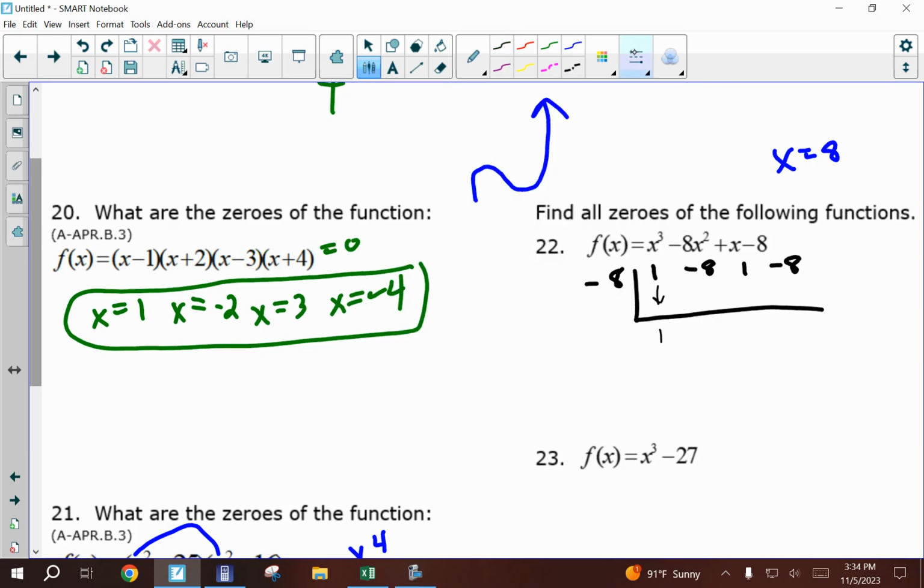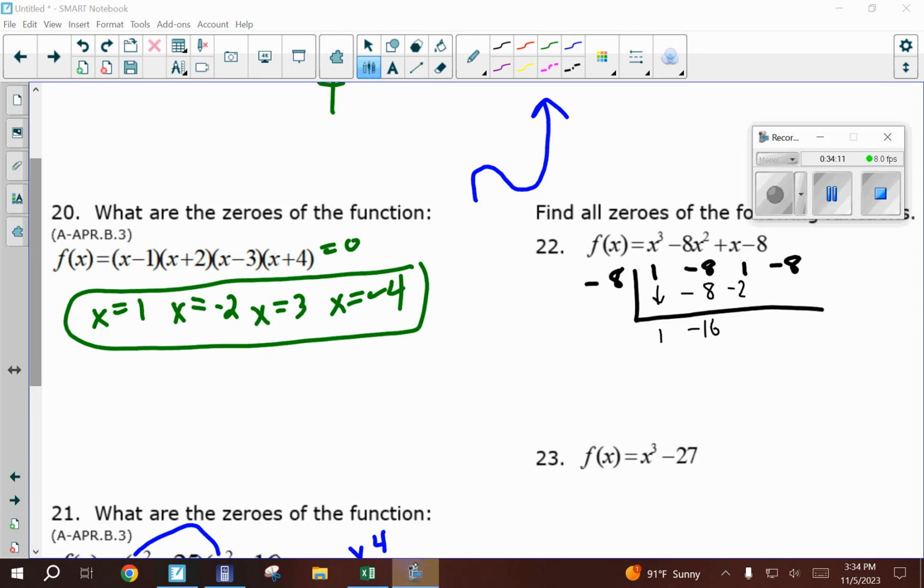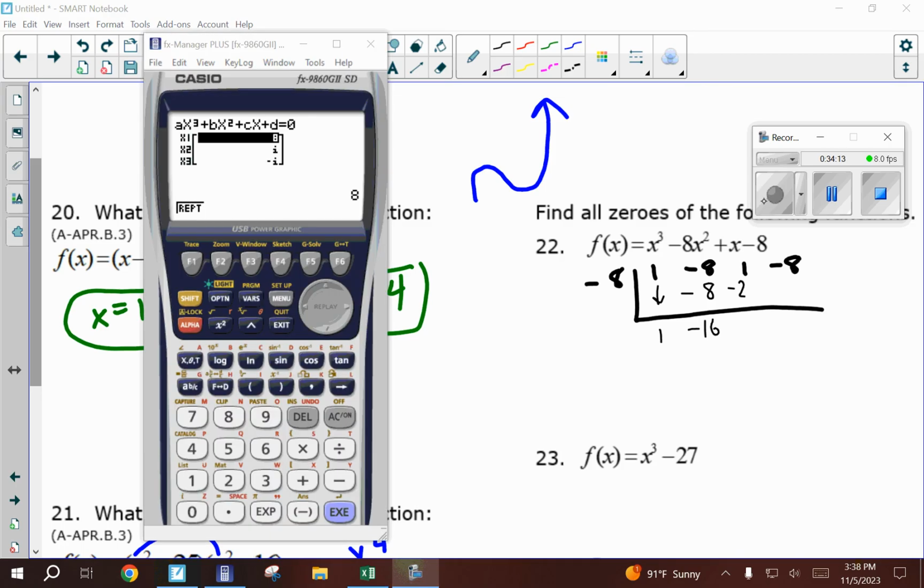So now, if I times 1 times -8, that gives me -8, which is also kind of fishy. And we drop these, and that's -16. And what's happening here? This is looking weird. Oh, hang on a second. I'm going to take a quick break and make sure that I'm doing this right. Hang on a second. Okay, I'm back.